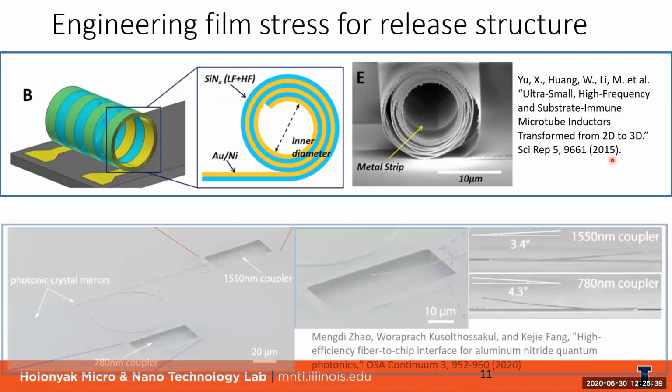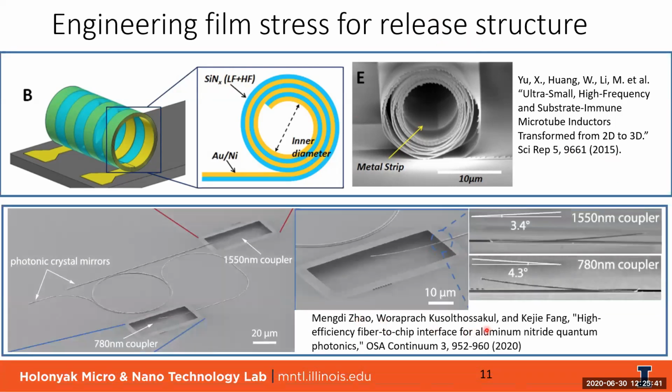Another example is Professor Kiji Fang's group. They use aluminum nitride to create a photonic circuit, and they use this kind of nano coupler for coupling light between fibers.